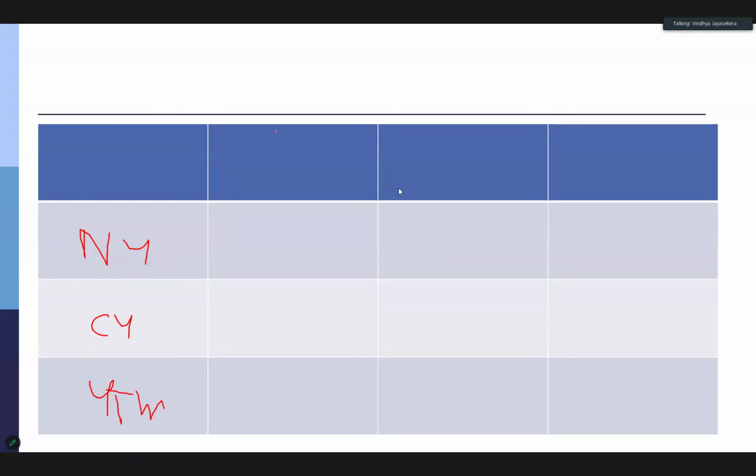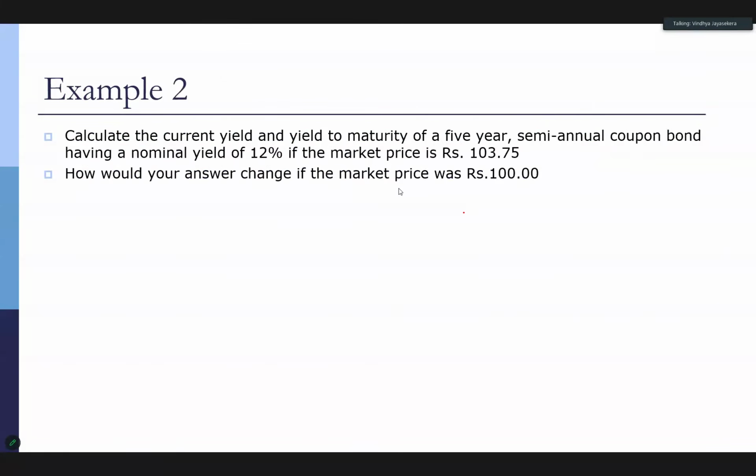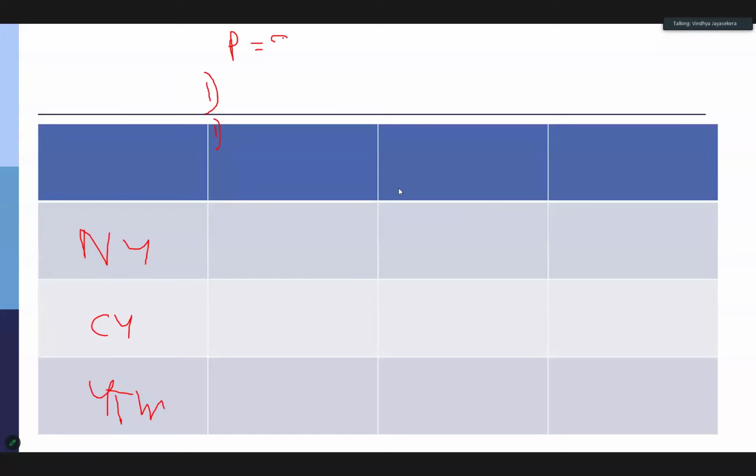What did you see in example 1? In the very first example we did yesterday, what were the details of example 1? Price was equal to 96. Coupon rate was 10%.